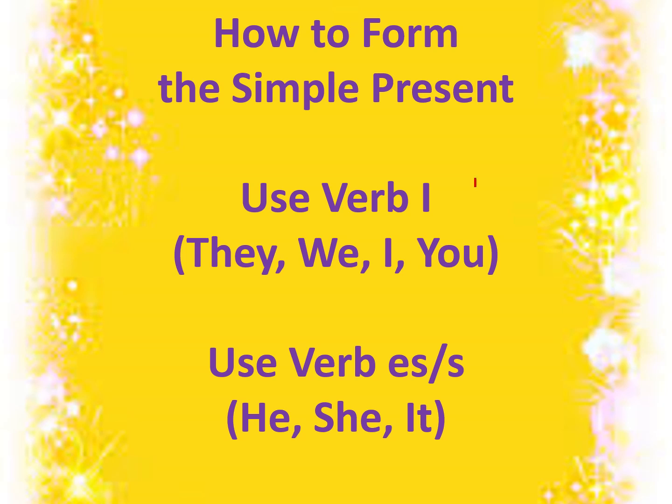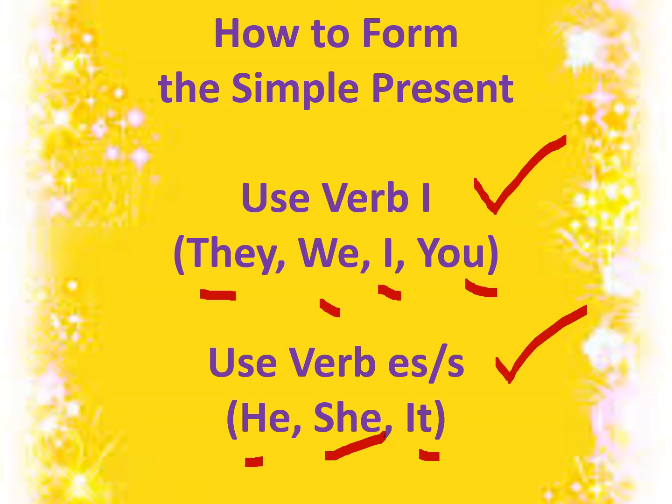Remember that you have to use verb 1, and verb 1 is used for subject they, we, I, you. When you are going to use subject he, she, or it, the verb must use es or s.